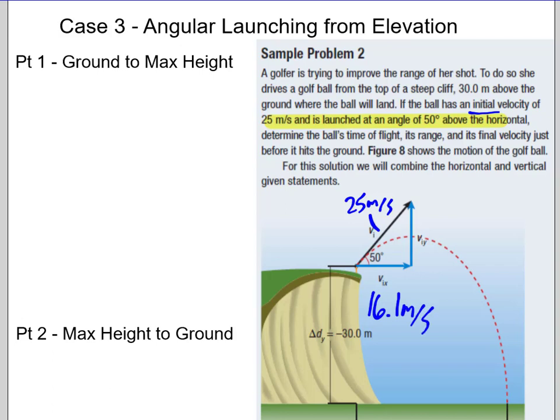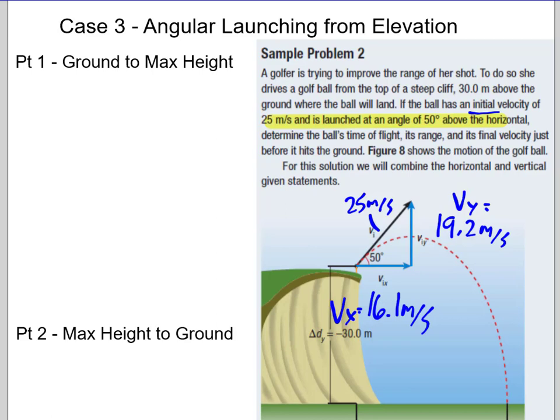If we do sine 50 times 25, we get a Vy of 19.2 meters per second. So this is Vy, this is Vx. Those are the components. That's the first thing you want to do.